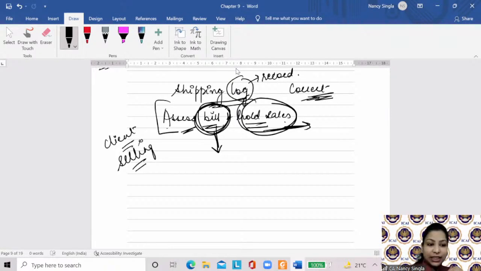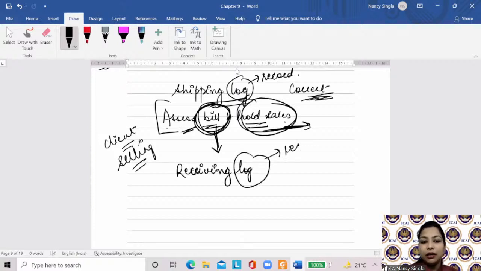Okay, further it says that the auditor needs to consider the receiving log. Log is again what? Record. What is meant by receiving log? See, when the client is making sales, there can be sales return. Okay, so genuine sales returns are fine.